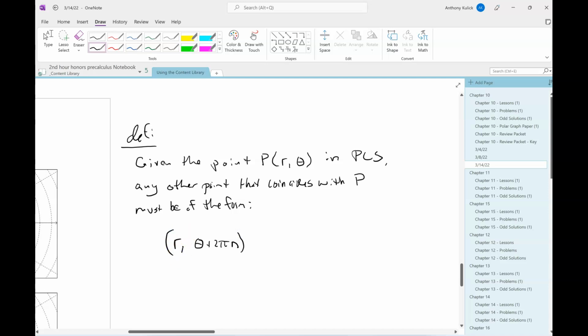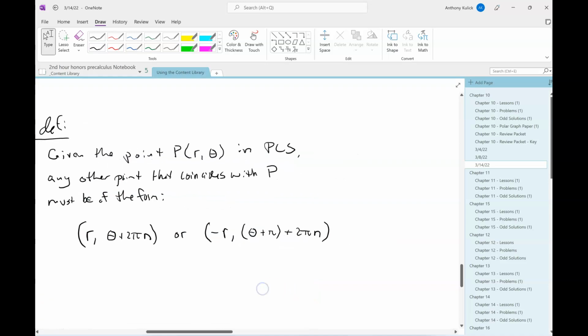Okay, so it means we have to be coterminal to the angle in P, or it has to be flipped.